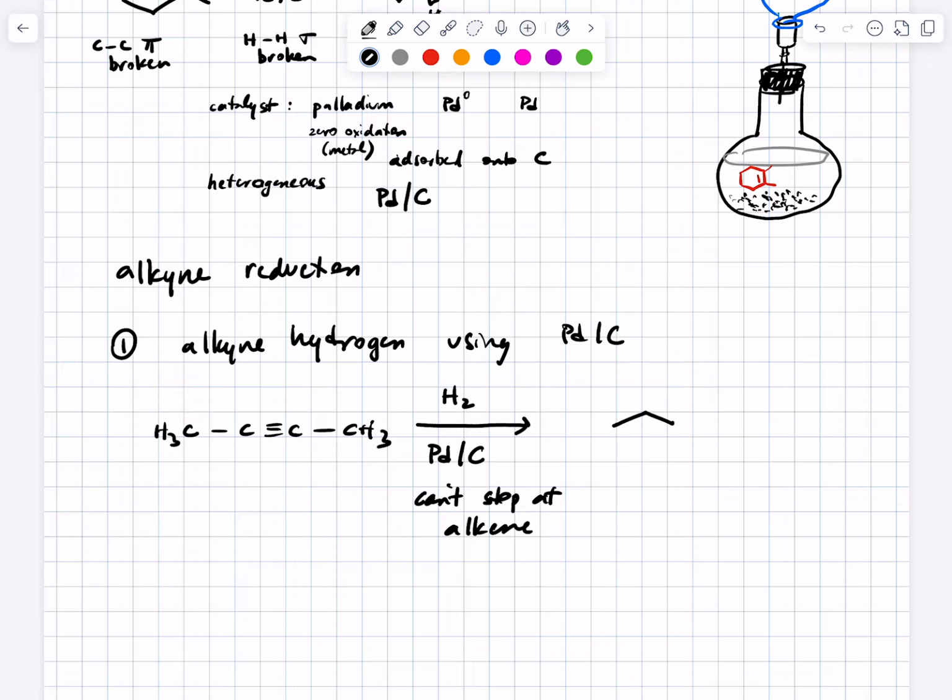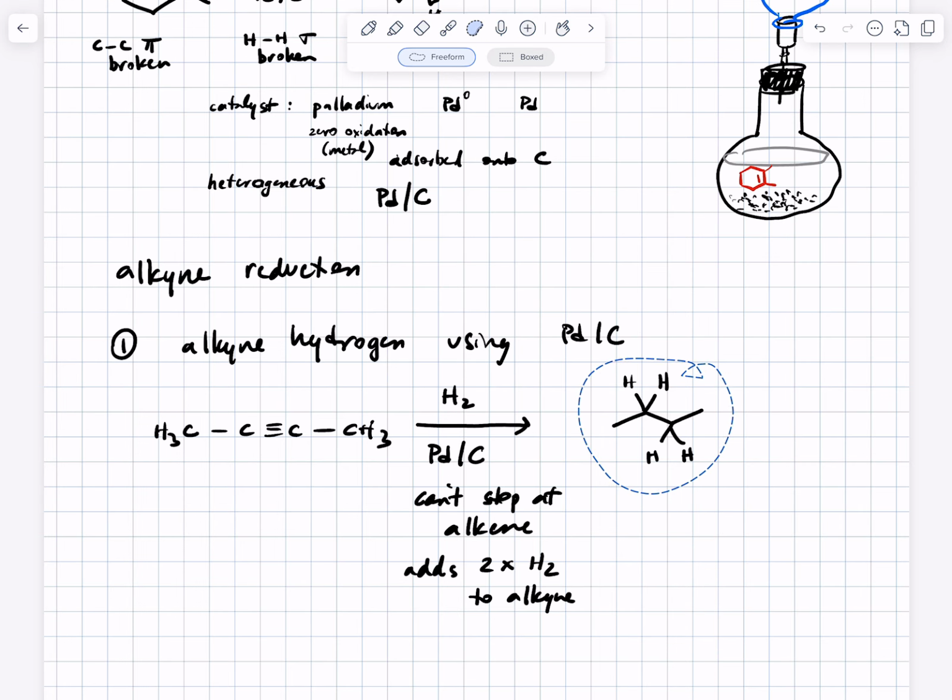So, palladium catalyzed hydrogenation of alkynes adds 2 equivalents of hydrogen to the alkyne. So that's what happens if you use palladium on carbon and hydrogen.